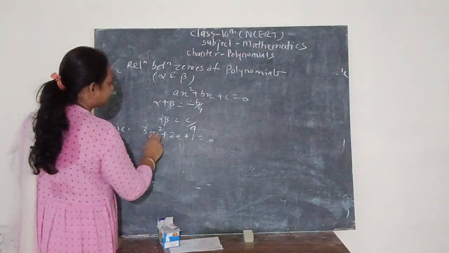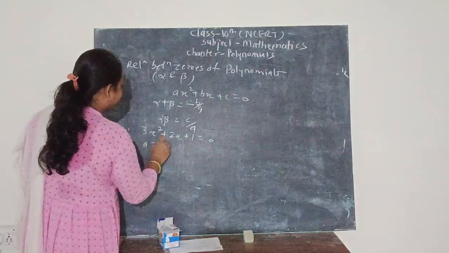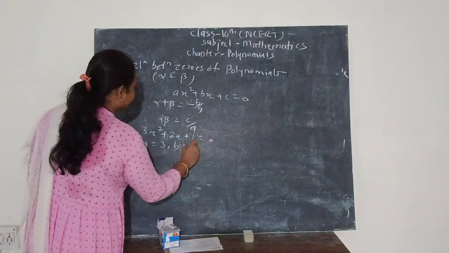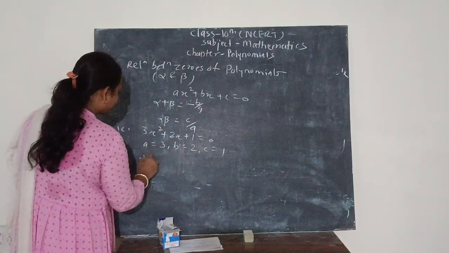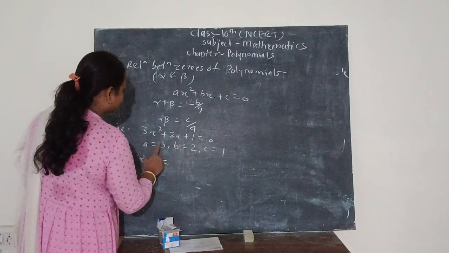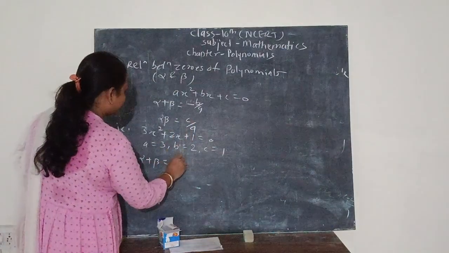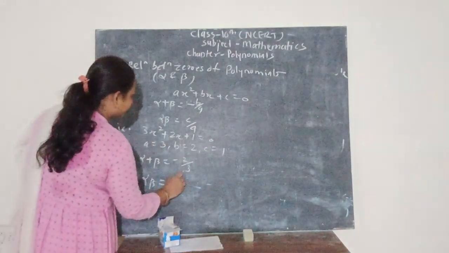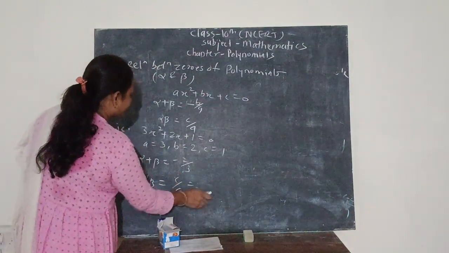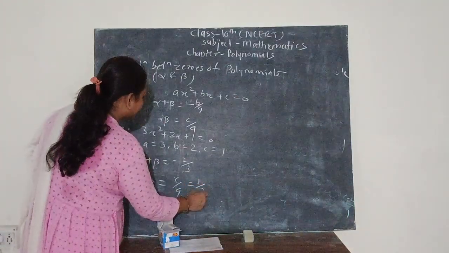Now compare this equation with the general equation. Here a is equal to 3, b is equal to 2 and c is equal to 1. Now alpha plus beta is equal to minus b upon a, that is minus 2 upon 3, and alpha into beta is equal to c upon a, that is 1 upon 3.